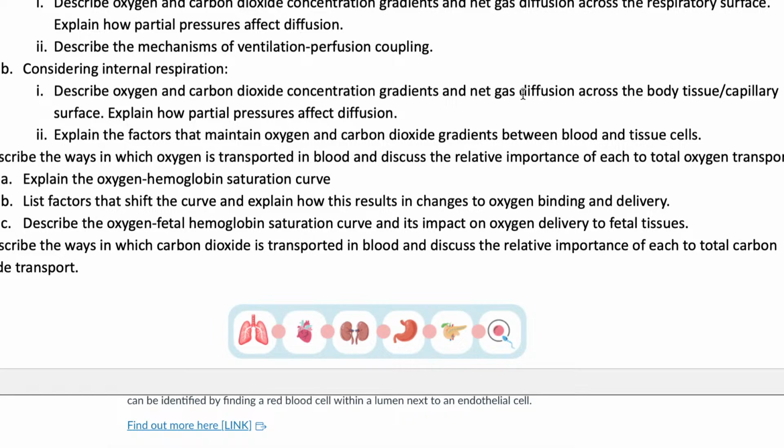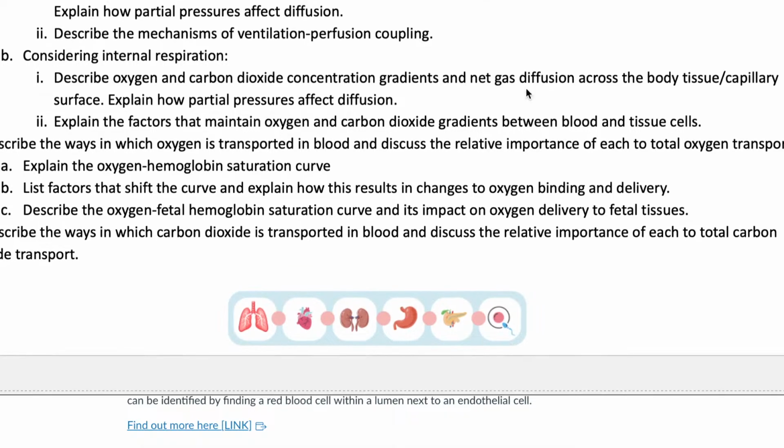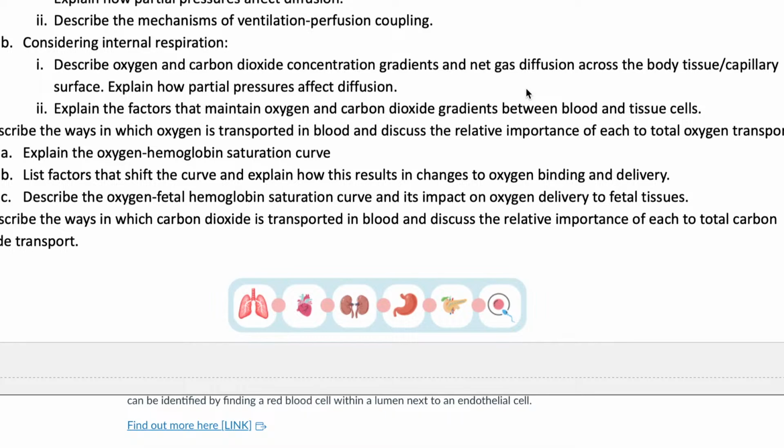This partial pressure thing just describes how these gases act independently for diffusion. So just because there's a lot of oxygen outside, a lot of pressure outside, these gases are still able to diffuse independently.